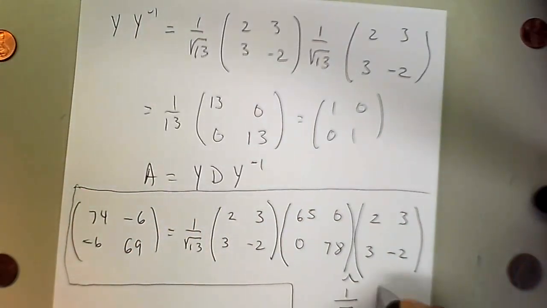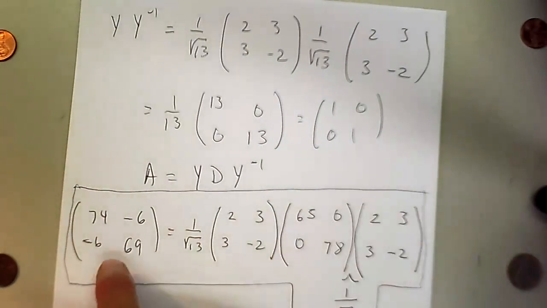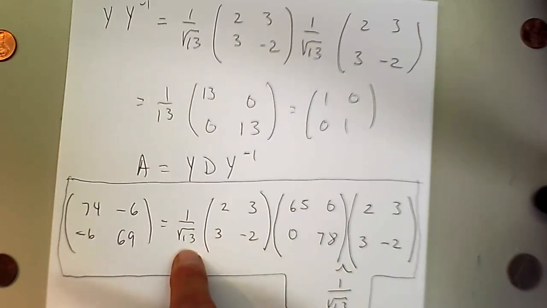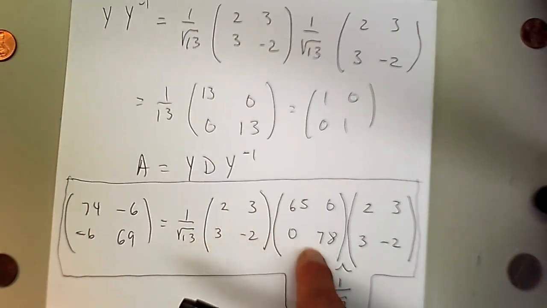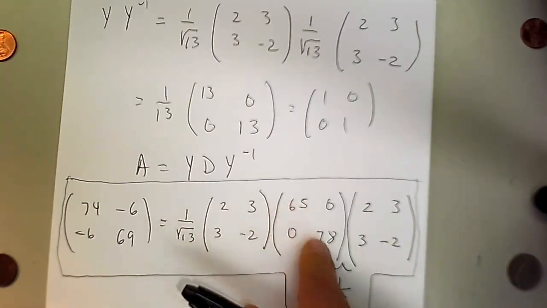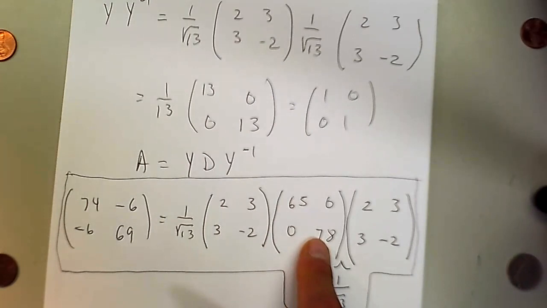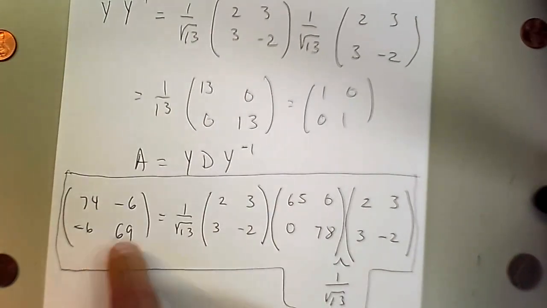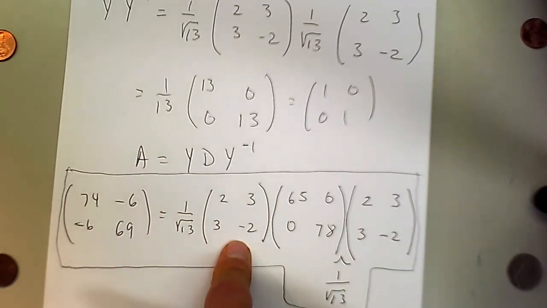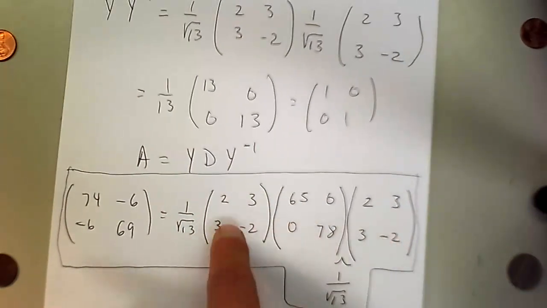So this is the factoring of this into an orthogonal matrix, including this guy, a diagonal matrix whose diagonal elements are the eigenvalues of the original matrix, times the inverse of this matrix, which happens to be the transpose of this matrix.